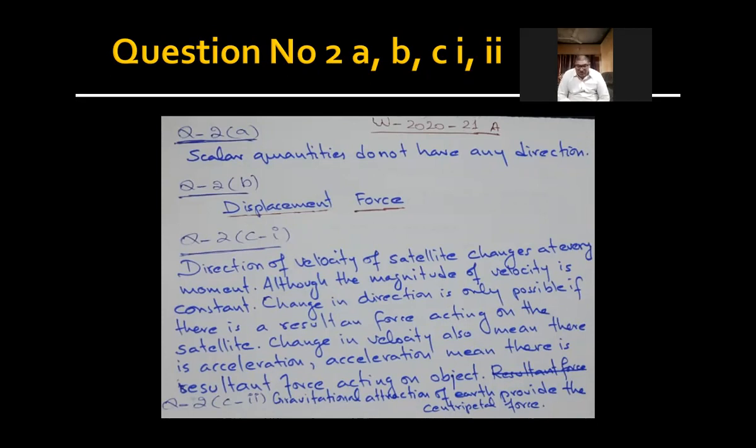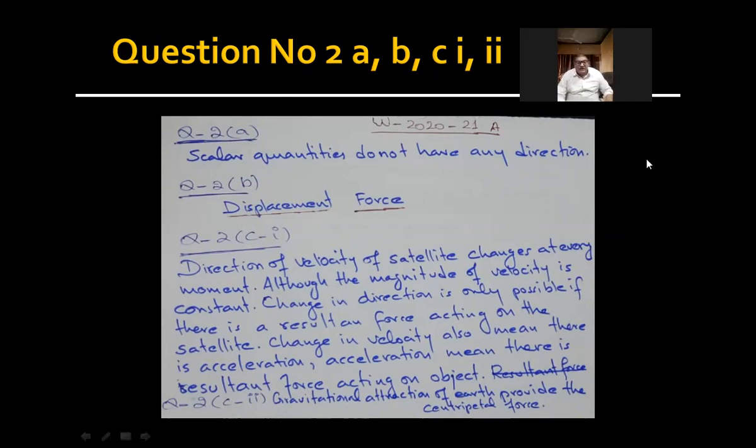Although the magnitude of velocity is constant, change in direction is only possible if there is a resultant force acting on the satellite. Change in velocity also means that there is acceleration. Acceleration means there is a resultant force acting on the object. So this is how you write this answer.